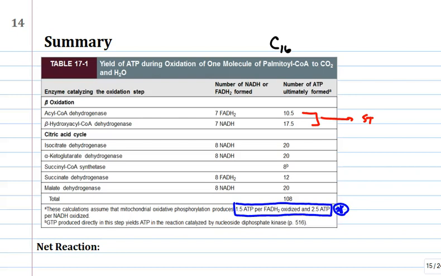This was step 3, stage 1. Remember, stage 1 was those 4 reactions that occurred to break off 2 carbons of a fatty acid to make acetyl-CoA. And so step 1 is activation of a fatty acid. Step 2 is transport. Step 3 is the breakdown. And then stage 1 is really those 4 reactions that we just went over.